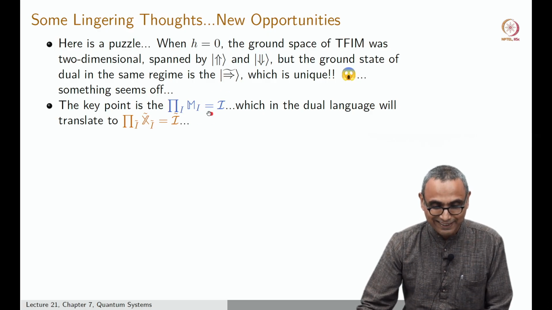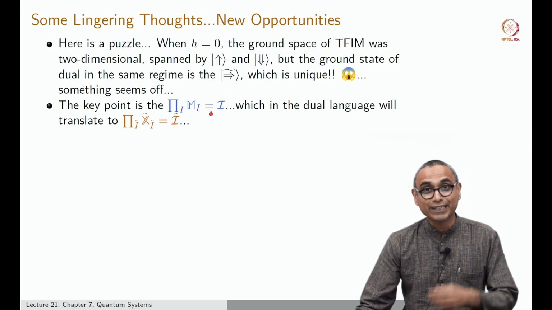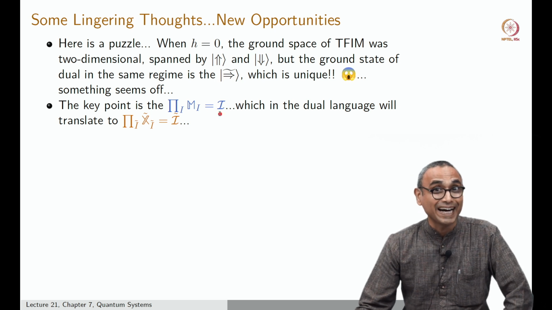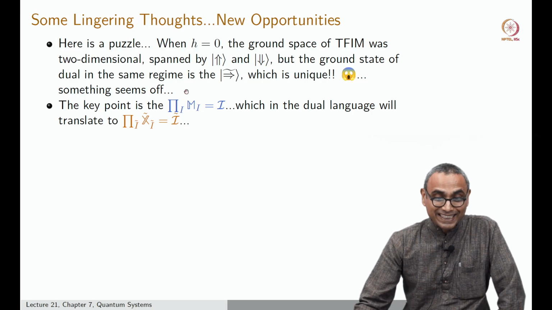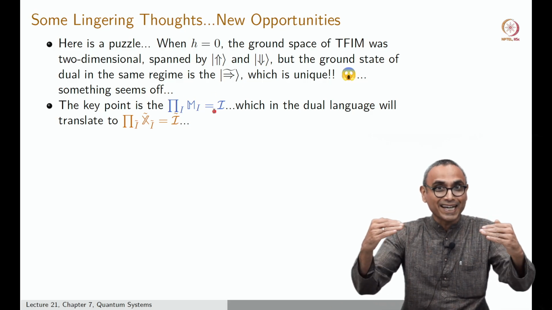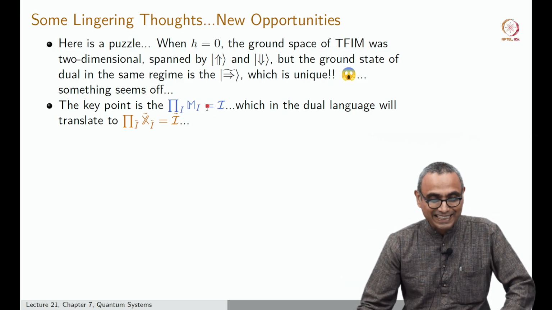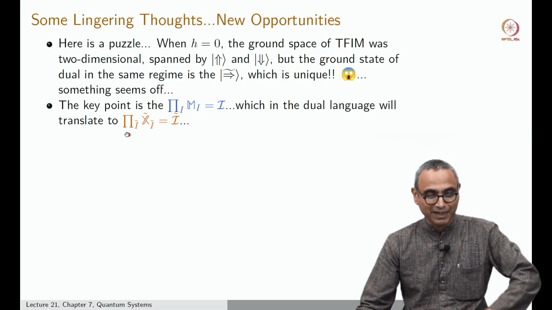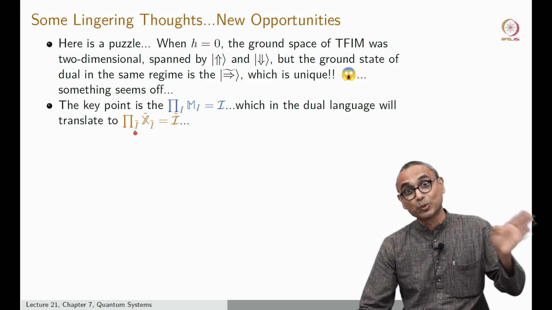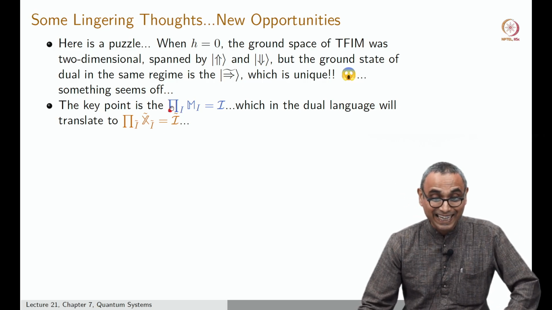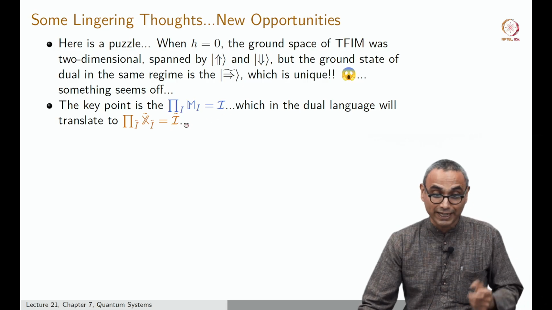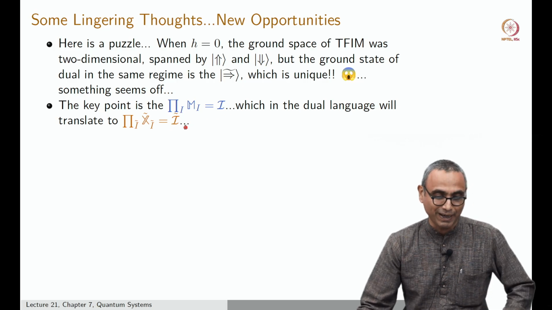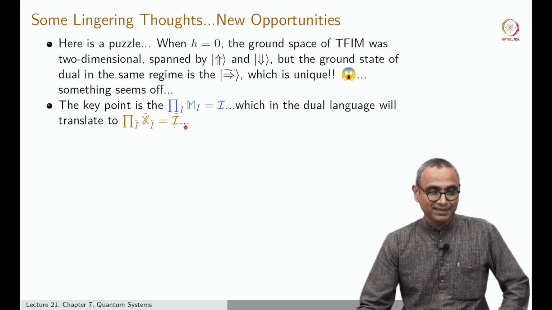So, you will find that the product of the link operators has to be identity. If I look at this expression in the dual language, each m_i will become x tilde_i, and when I take the product over the sites of the dual lattice, I will get the identity of the dual vector space. Remember, if it is a mapping, identity has to get mapped to identity, otherwise you do not have a good map.